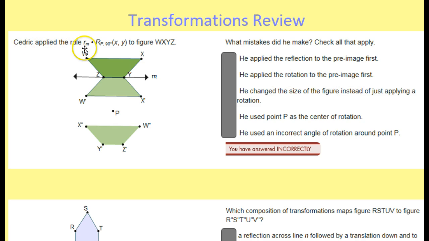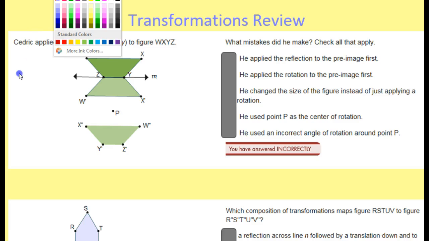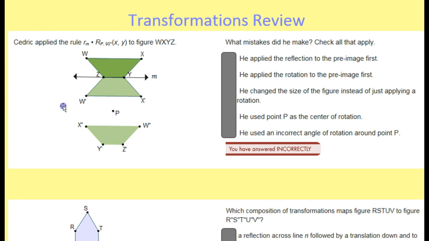Cedric applied this rule. So what we are looking at is a composition of transformations. There are two transformations happening. Let me just get my pen. So we have this transformation right here.